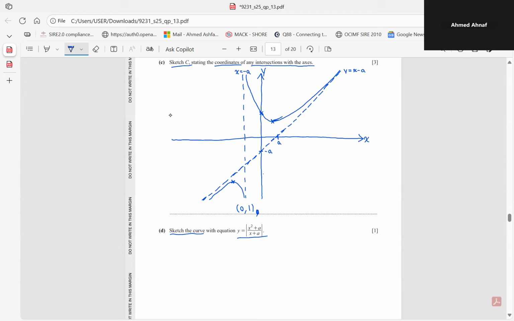So whatever is below the x-axis, you're going to have to reflect it above the x-axis. You don't have to draw the intersection points or the asymptotes, but if it helps you, no problem. So these are your x and y intercepts. Let me draw it.